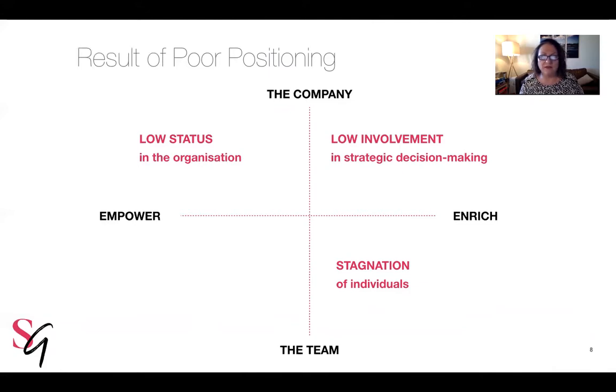And if we're not in this sort of position, we don't get the opportunities that grow individuals intellectually. And more and more, every generation that comes up demands it more and more to be able to be stretched, and for work to be able to do that for them. So if you don't have that influence, you can't give that to your team, and you can imagine what happens as a result.